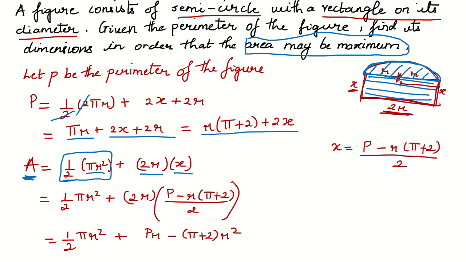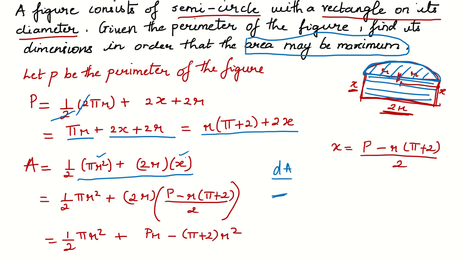Our aim is to find maximum area. So basically we have to find f dash, that is dA by dr. And to do that, my equation here has two variables, r and x.